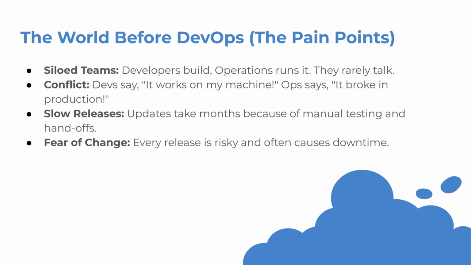So it is very draining to test everything manually, and to hand that off takes a lot of time. And also, since everything is tested on the local machines, and since there has been no bridge which connects development and operation teams, it is very risky to push that to the production.